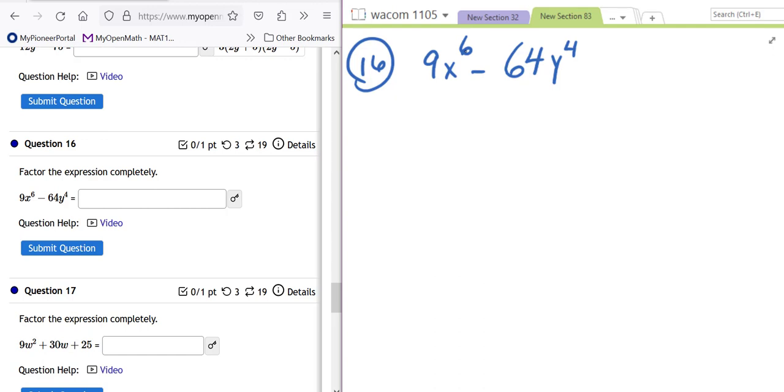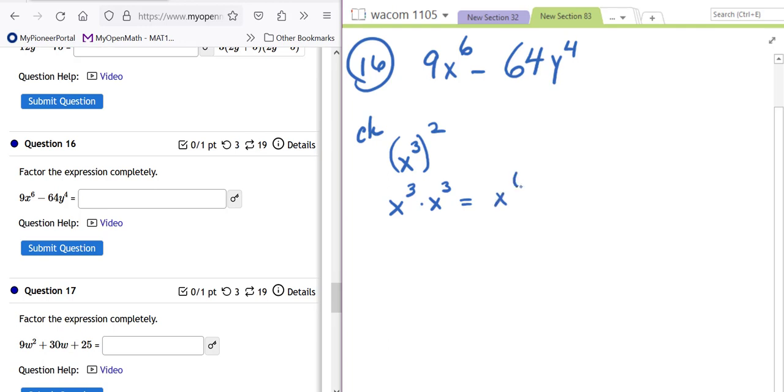All right, so if we did, so we're playing. If we have x cubed and we square it, that would mean times itself. So if we have x cubed times x cubed, that would give us x to the 6th.